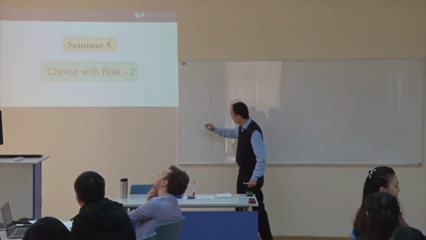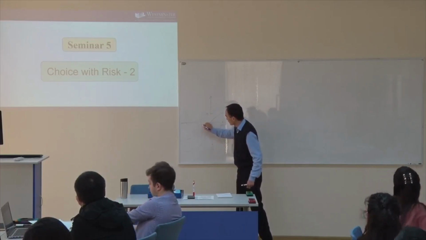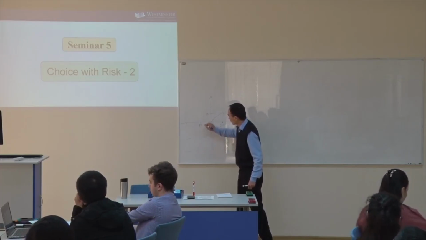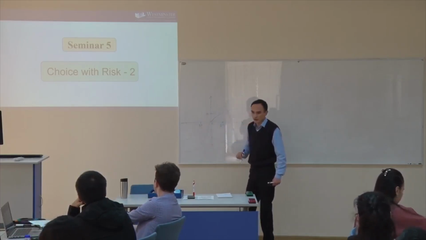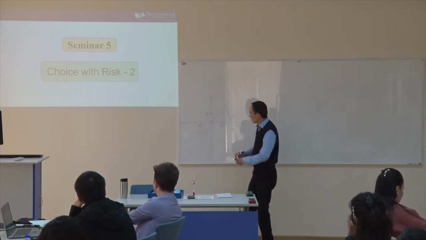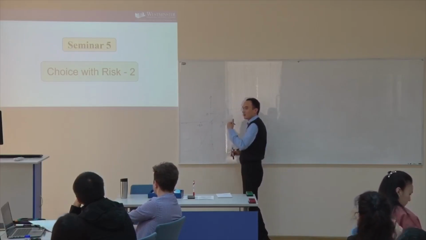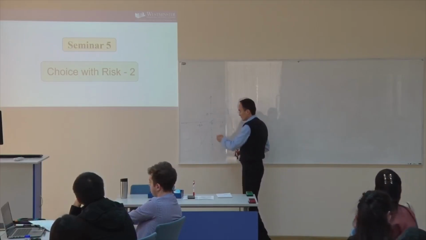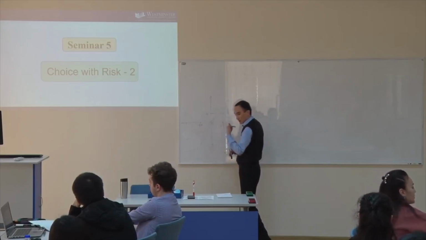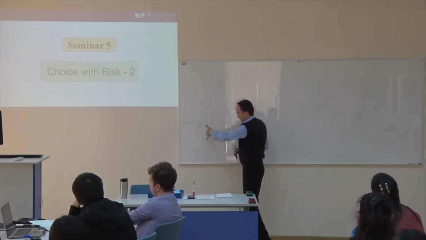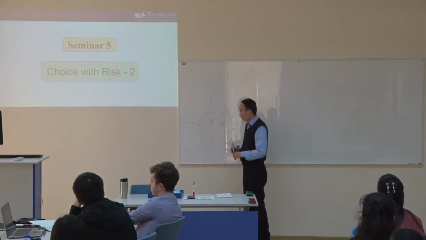But we said if there is a loss, if it's a $10 loss, it causes a disutility which is quite large. So a $10 gain affecting people's happiness and a $10 loss affecting people's dissatisfaction and unhappiness have really different effects.